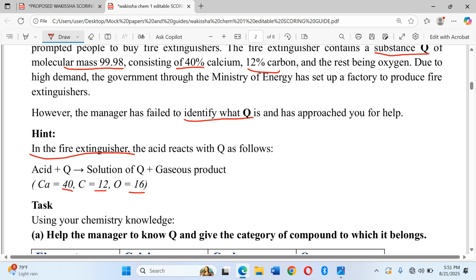Now, what is Q? They have said that Q consists of 40% calcium. We have 12% of carbon, and the rest being oxygen. So which means we need to get the percentage composition of oxygen.